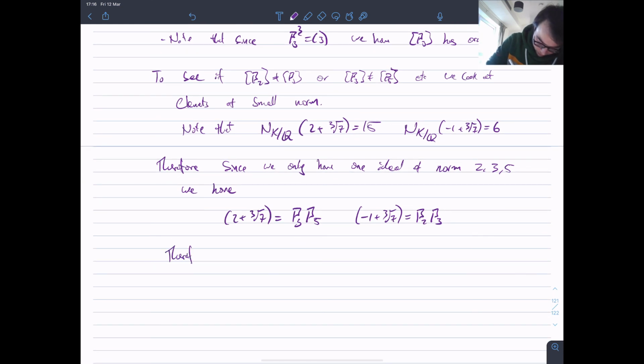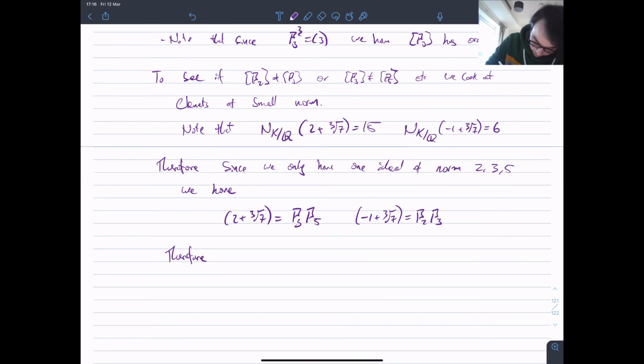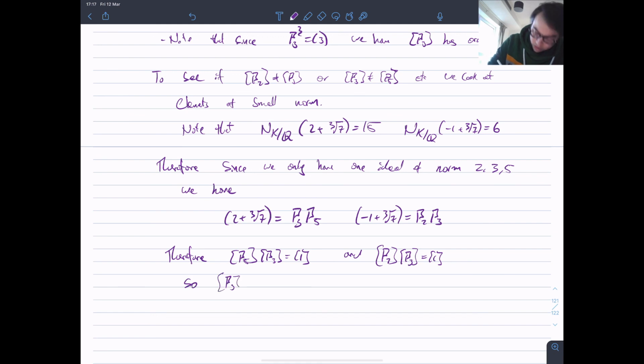Therefore, as ideal classes in the class group, P5 times P3 is trivial, and the class of P2 times P3 is also trivial. So what do we get? We get P3.